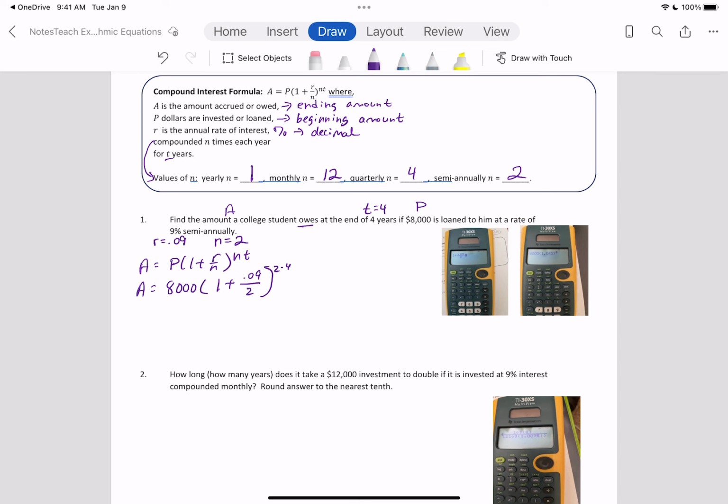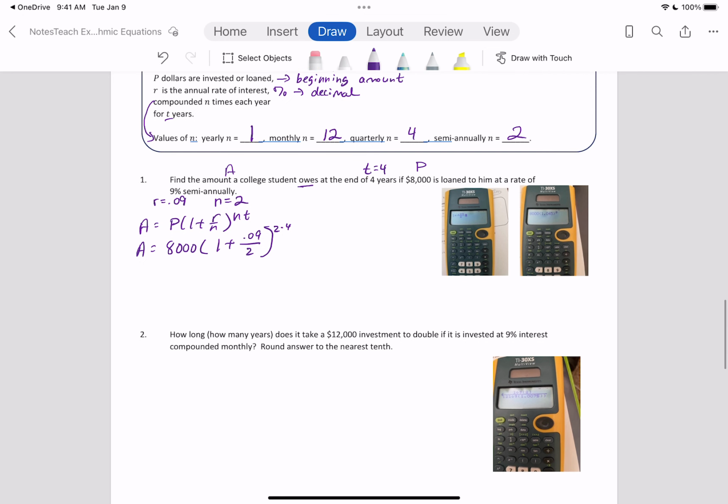This is another place where I want you to note how I am solving this problem and what I do to get the correct answer out of the calculator. Again, we do not want to do any estimation in between steps, okay?